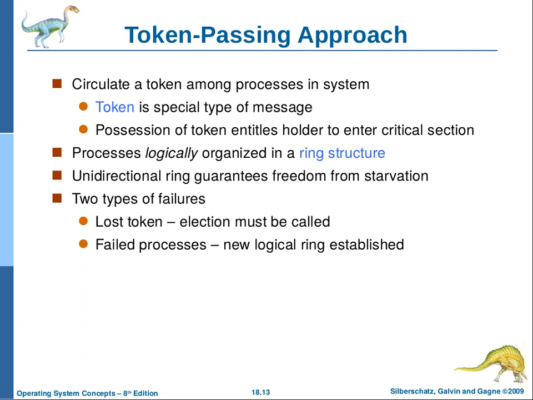So now your processes are going to feel entitled, which is okay. You organize them logically in a ring structure. They may not be connected by a ring, but you have a channel, so to speak, like this. And that's your ring. They may be hooked up to a bus or Ethernet, but we're just going to say they're in a ring. So unidirectional guarantees freedom from starvation.